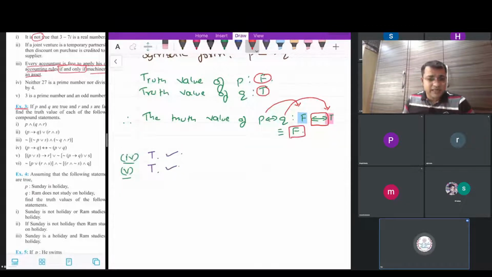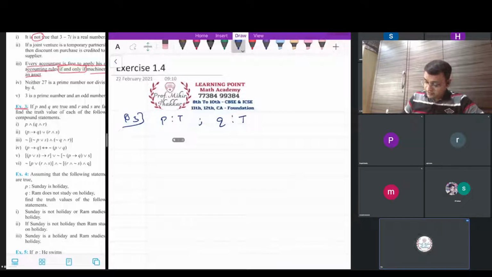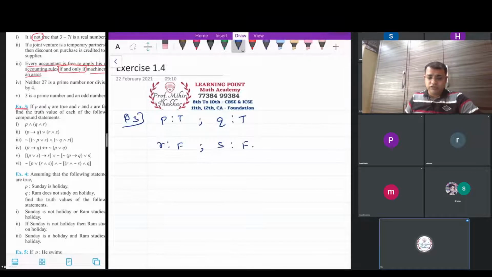So let's understand properly with each and every example, like what should be done and how it should be presented over there. So as we discussed, we have to consider over here that P has a truth value of T, Q has a truth value of T, R has a truth value of false, S also has the truth value false. So this is a given part.